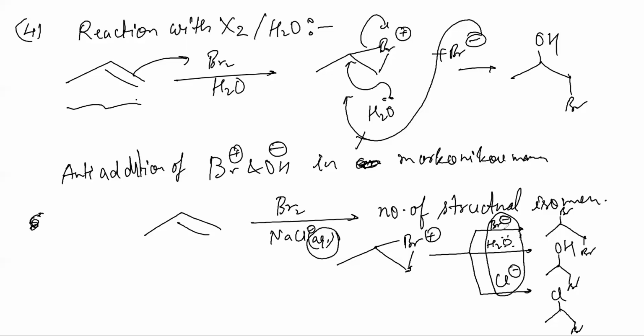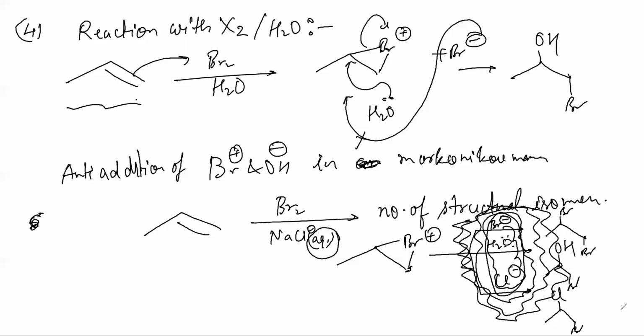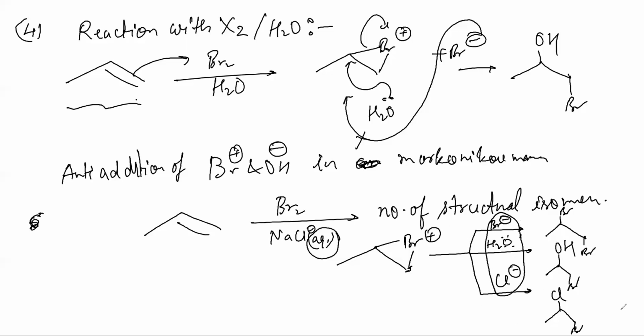So who is breaking the ring? Nucleophiles. These all are nucleophiles. They are breaking the ring. So who made the ring? The ring is made by the electrophile. So that is why this reaction is called electrophilic addition, not nucleophilic addition. Okay? Great. Let's move forward. What will be the sequence?